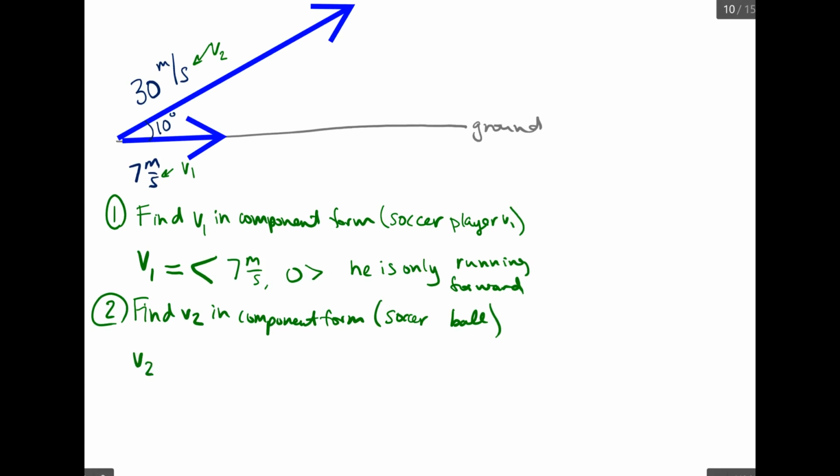I could write this as the magnitude of the vector times cosine theta, comma, the magnitude times sine theta. That was one of the 3 things I gave you. If I plug in values, I have 30 times cosine 10 degrees, 30 times sine 10 degrees.